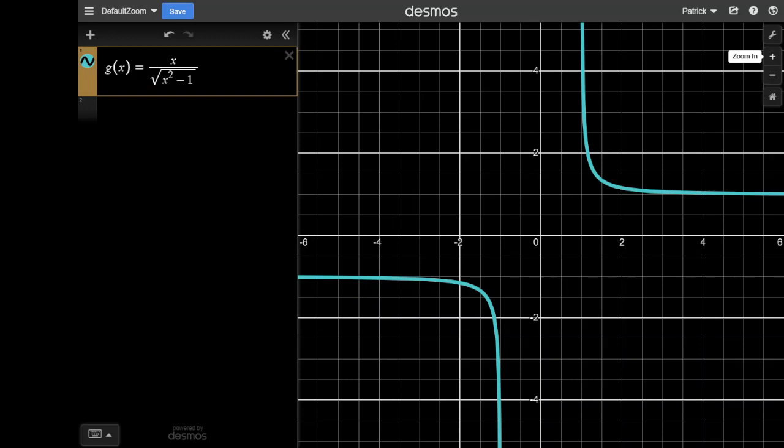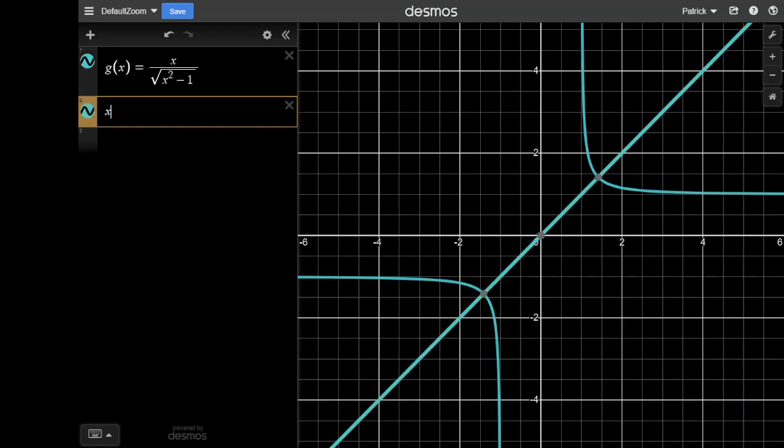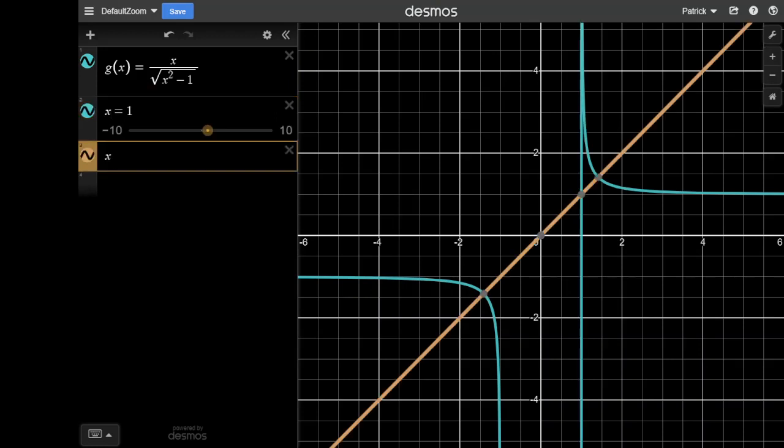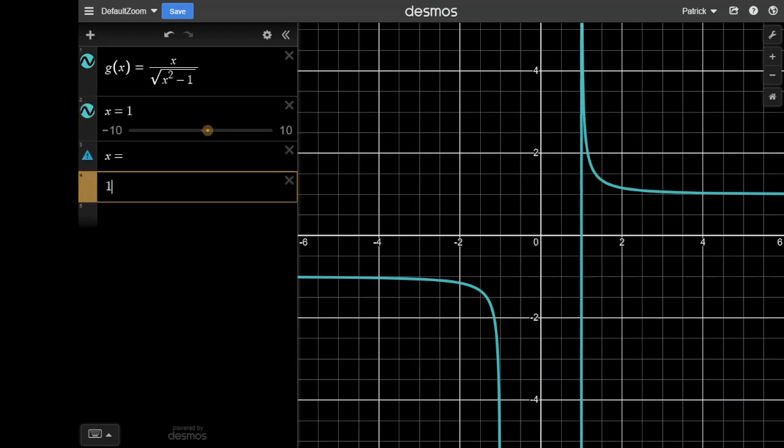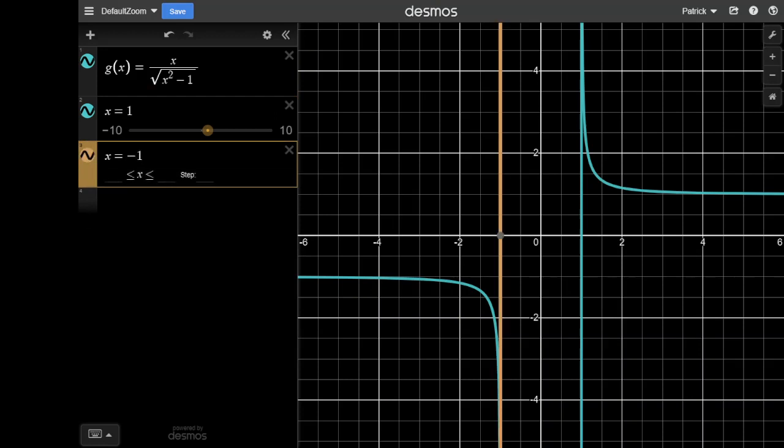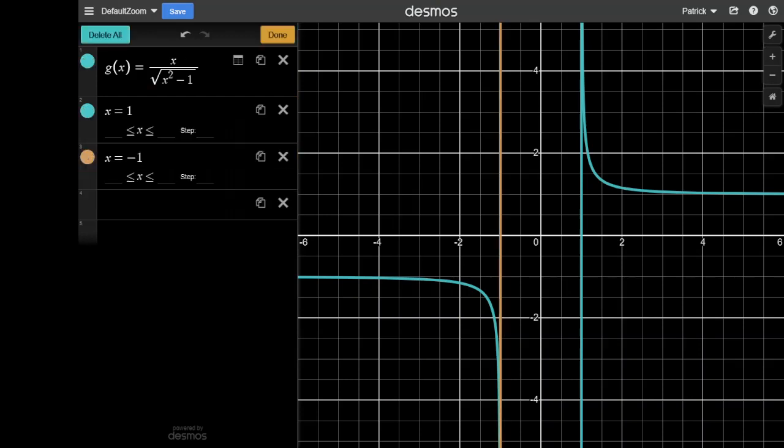It looks like, although I'm not 100% certain, there should be a vertical asymptote at x equals 1 and at x equals -1. Let's change the settings on this graph and make those dotted lines.